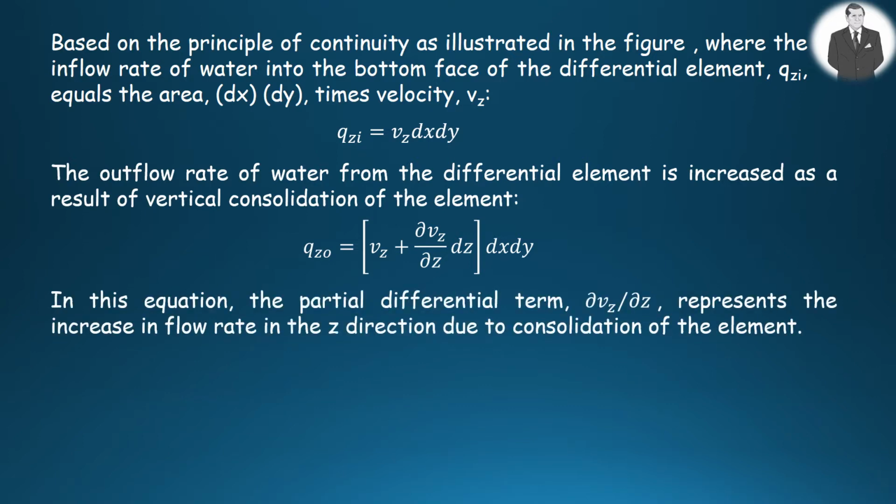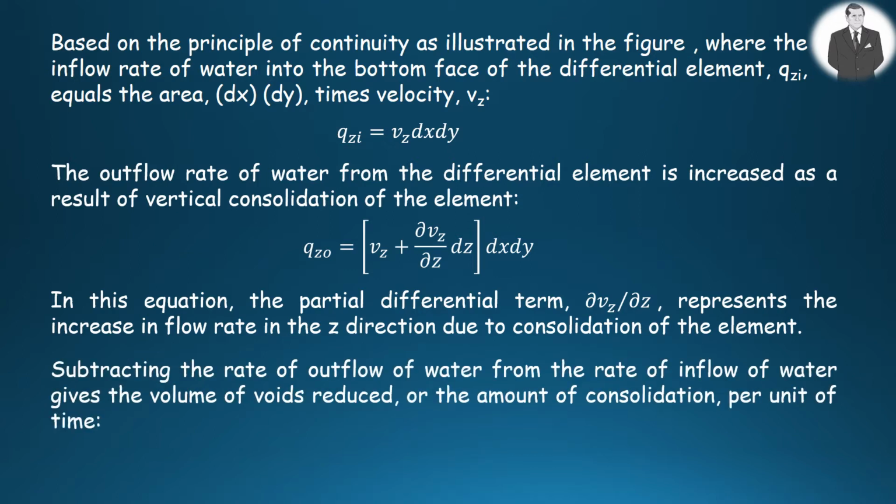In this equation, the partial differential term, delta V sub z over delta z, represents the increase in flow rate in the z direction owing to consolidation of the element. If we subtract the rate of outflow of water from the rate of inflow of water, we get the volume of voids reduced, or the amount of consolidation per unit of time, as given in equation 1.